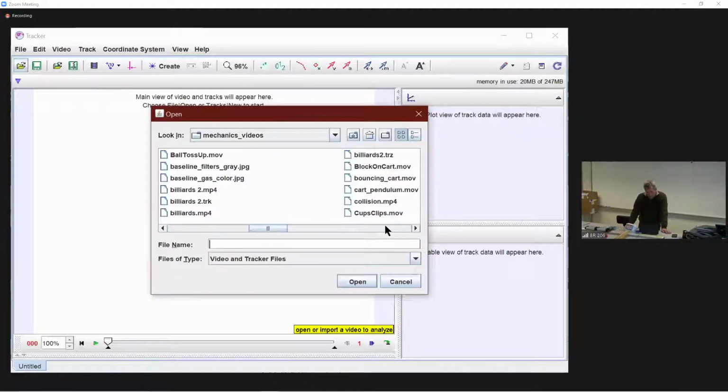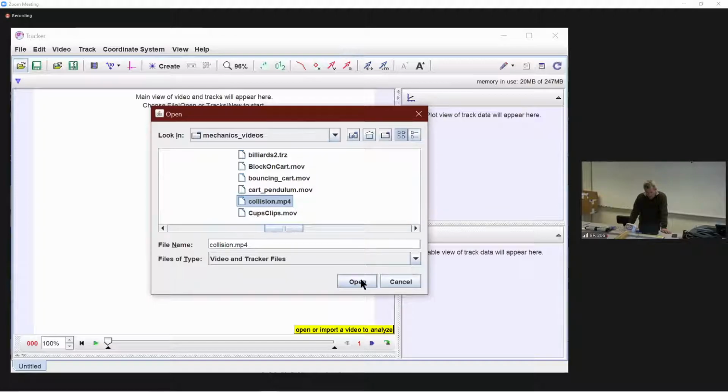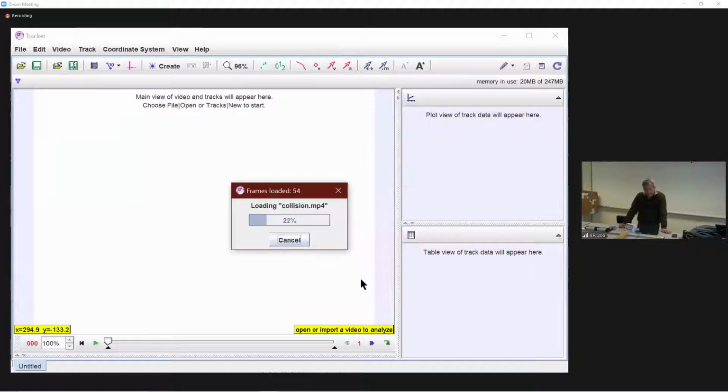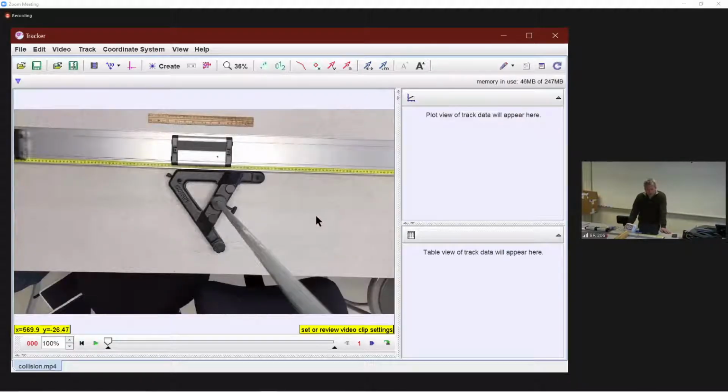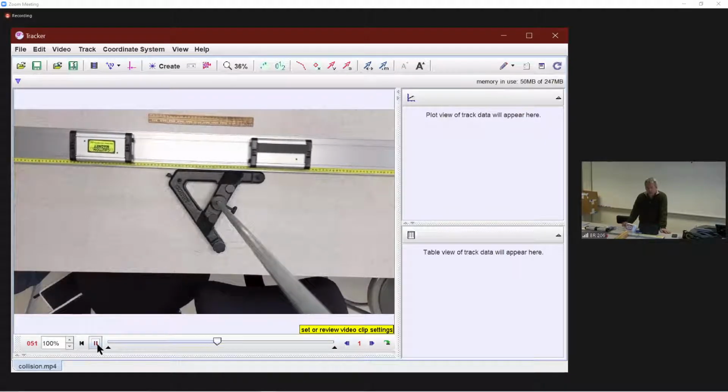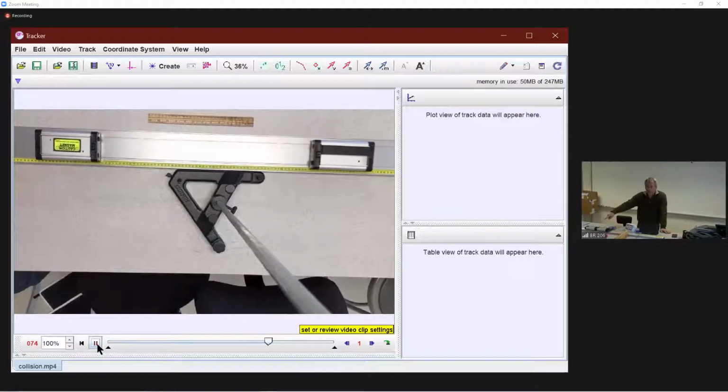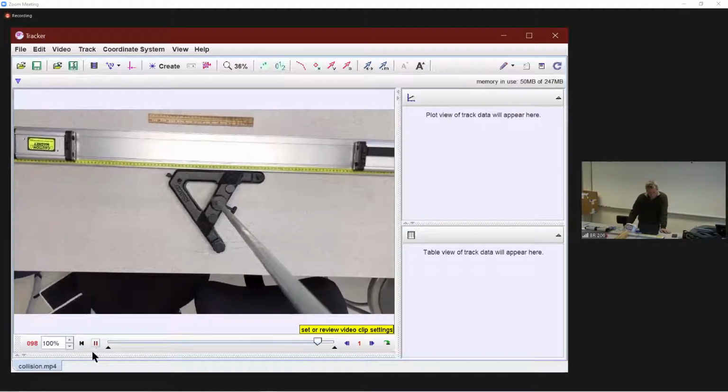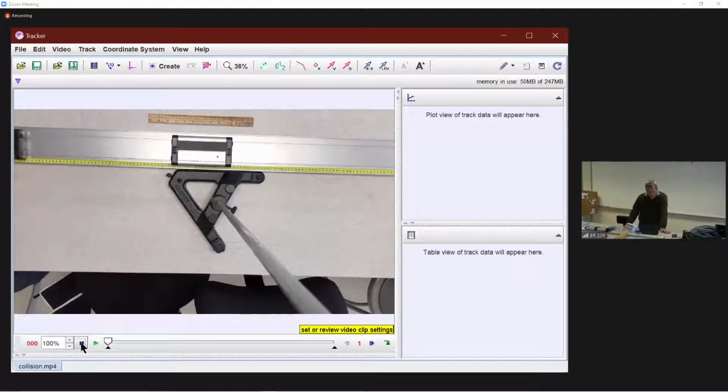It's called collision.mp4. Okay. Here's the video. It's a very exciting video. Let's watch it. Oh, cool. There's a collision between two cars on this very track right here. Okay. And we are going to see if momentum is conserved in this collision.